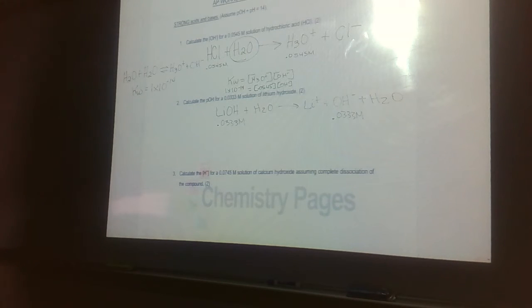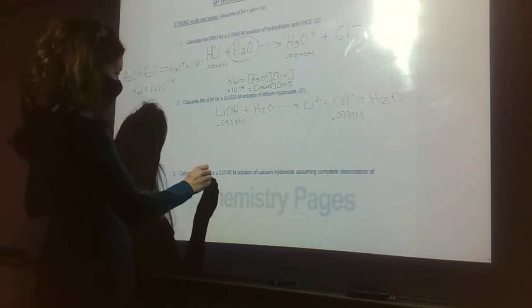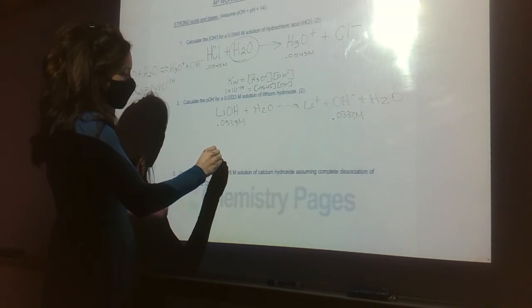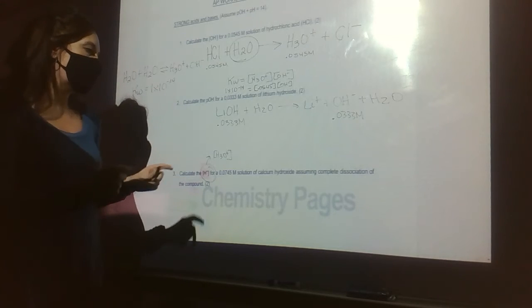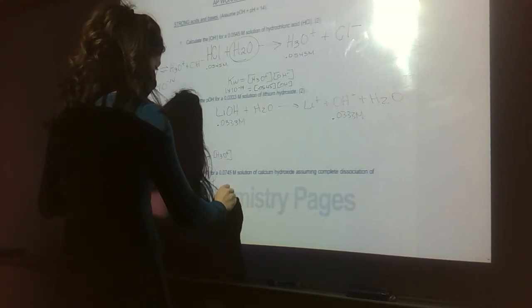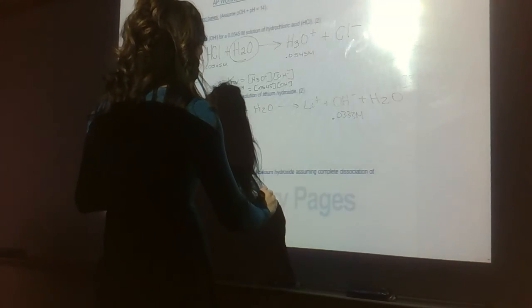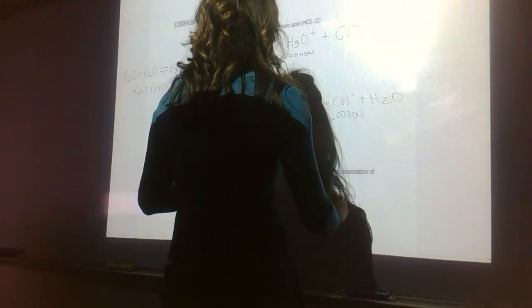Okay, number 3 is very similar to number 1, except they ask you for the hydrogen concentration, which is actually hydronium, same thing, in a calcium hydroxide solution. So just remember that it's a 2-to-1 ratio this time for hydroxide.